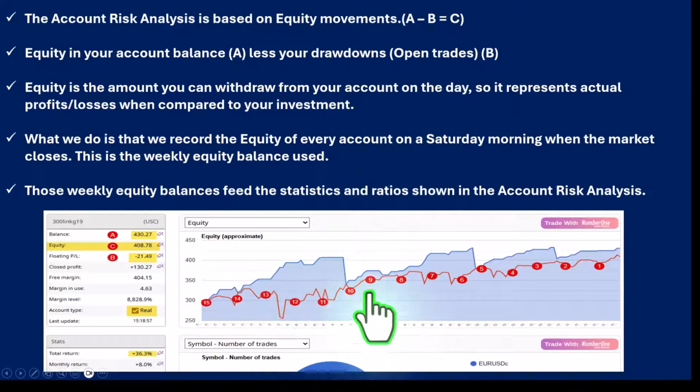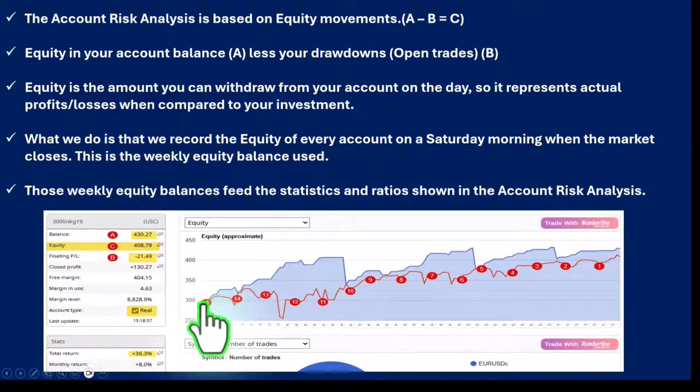So this chart shows you how equity and your account balance can bounce around, and why equity is actually the most important thing to follow, because that is real money that you can withdraw from your broker account at any time. So the blue line here represents the account balance, and the red line represents the equity balance, and the difference between them is the drawdown at any one time.